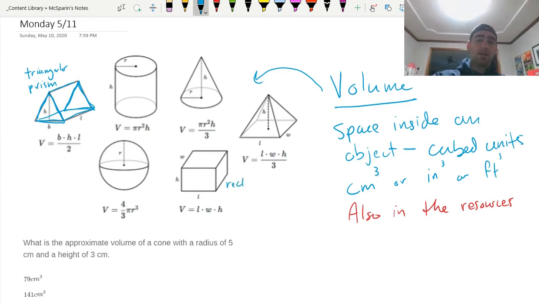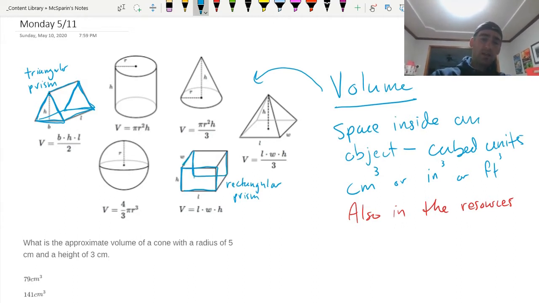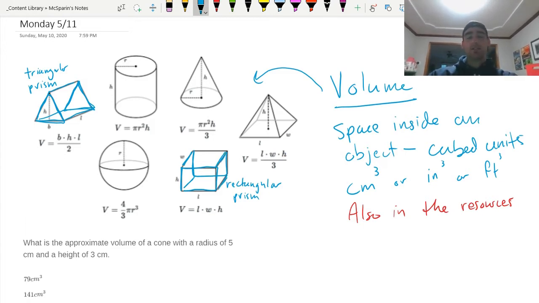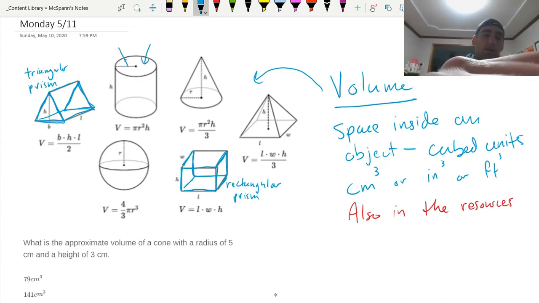This one down here is a rectangular prism. Again, there's a rectangle here, there's a rectangle on the back side, and then they're just connected. So anytime you have two identical shapes that are connected, that's called a prism. Technically, this thing here is also a prism, but we have a special name for that. That is going to be called a cylinder.